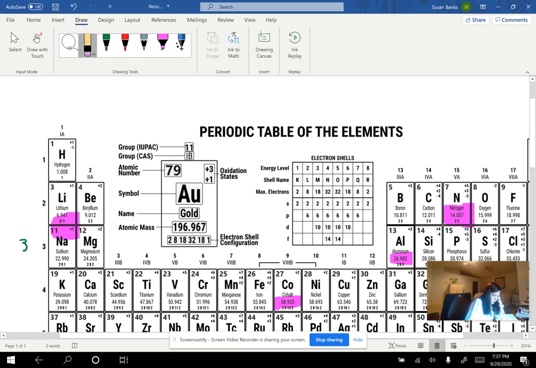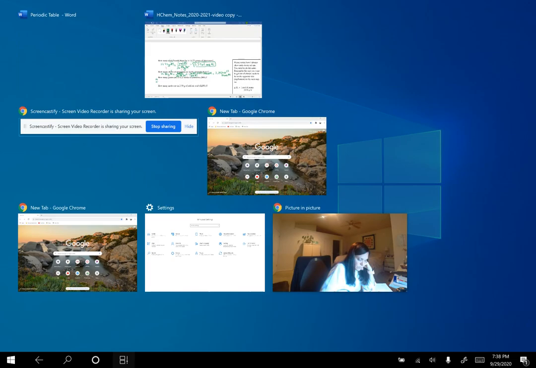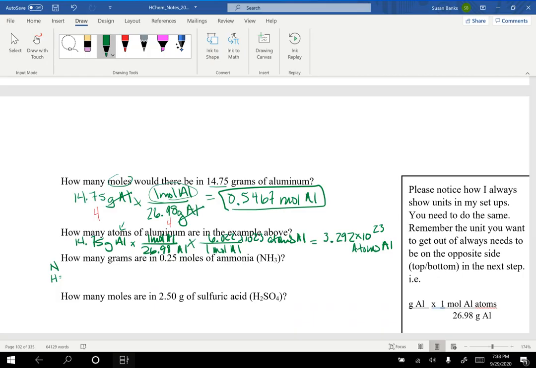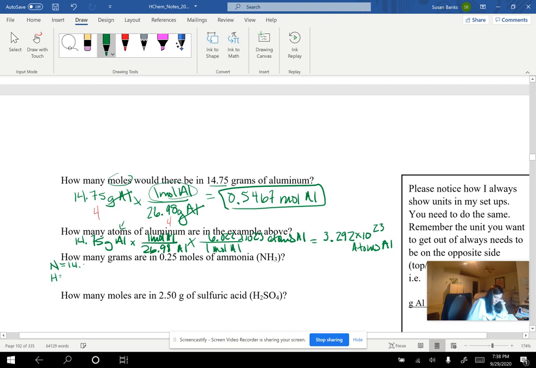So we can use 1.01 for the hydrogen and 14.01 for the nitrogen. So nitrogen is 14.01 and hydrogen is 3 times 1.01. When we add 14.01 plus 3 times 1.01, which ends up being 3.03, plus 14.01, that will give us a mass of 17.04 grams per mole for ammonia.